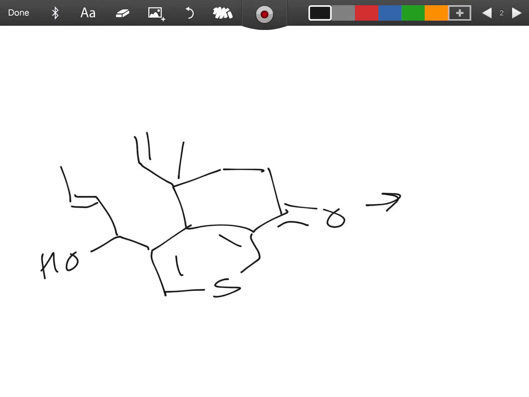Right, but then we close this carbon, make a bond from this carbon to this carbon, and you end up making a ring. A very small ring in comparison with the very large one I initially drew.